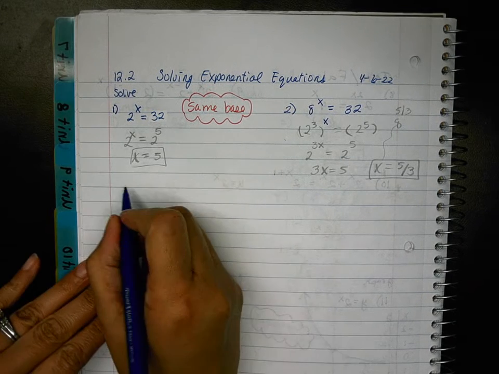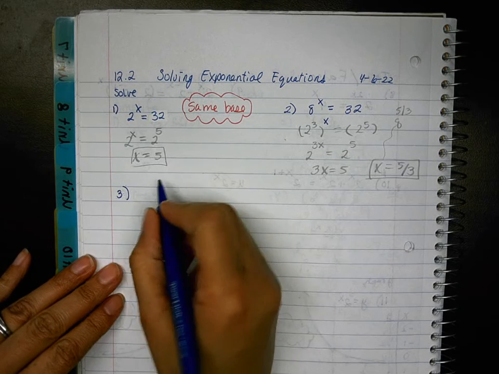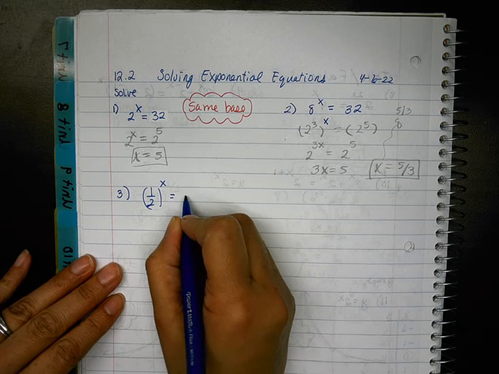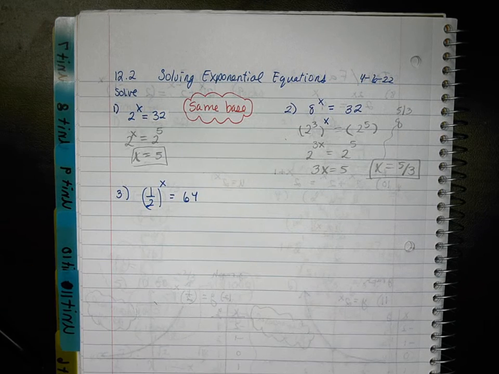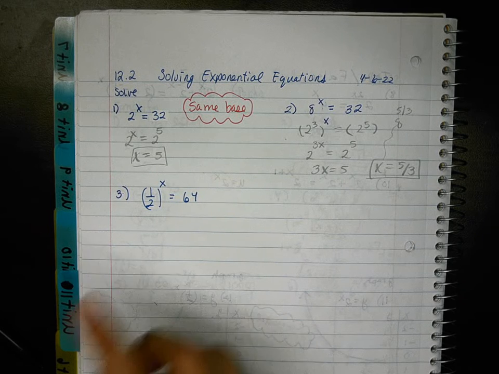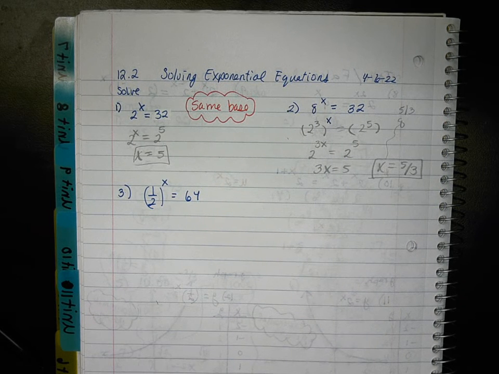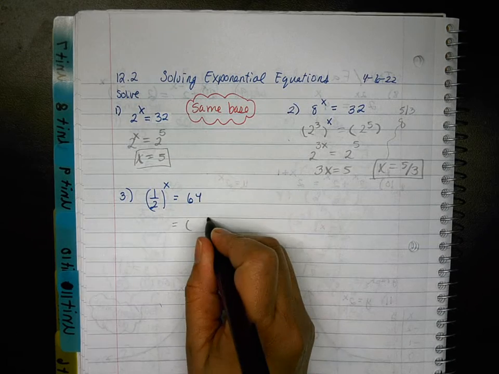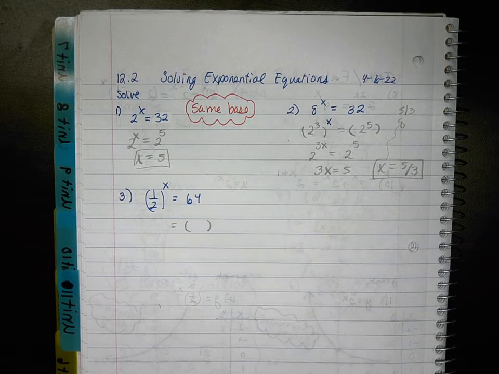Number 3. 1/2 raised to the x equals 64. Ignore the fraction. Just look at the 2 and the 64. I've said use the smallest number. What's smaller, 2 or 64? So I'm going to use a base of 2. 2 raised to what power is 64?